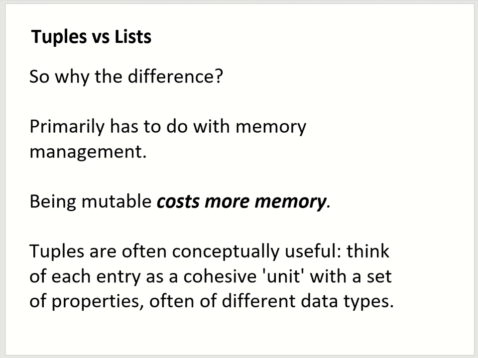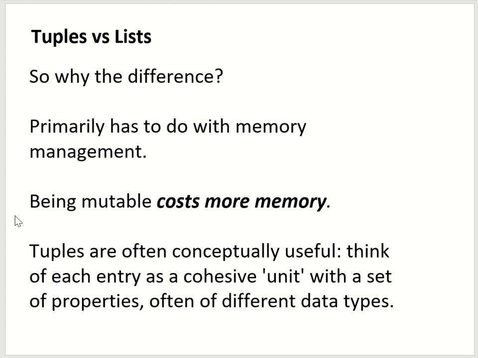If you have just the first 5 letters of the alphabet, the difference isn't going to be really consequential. But if you have lists of thousands or tens of thousands, millions of records, that difference in memory can be pretty substantial and can make the difference between whether or not a process can be executed on a given setup.